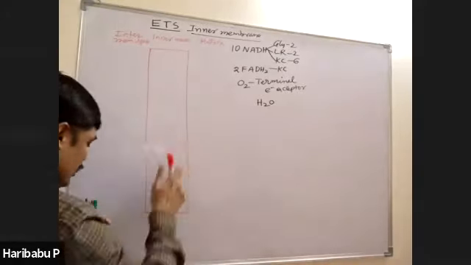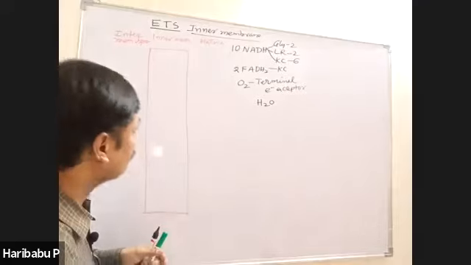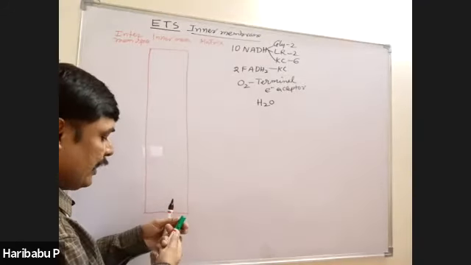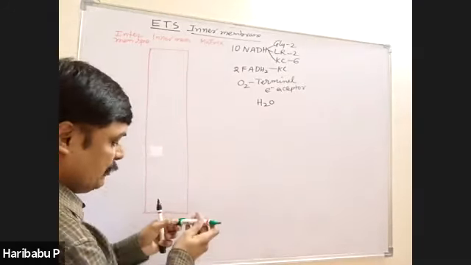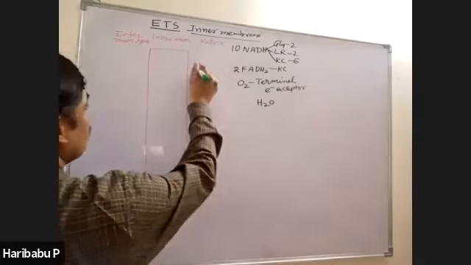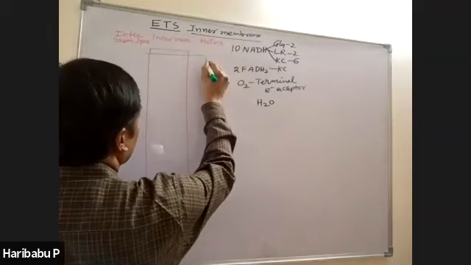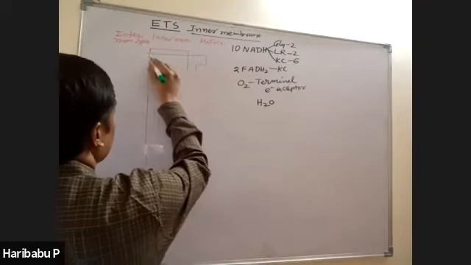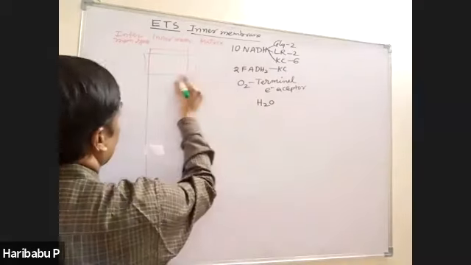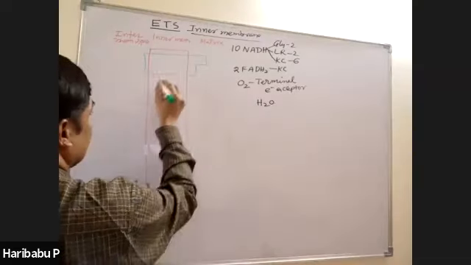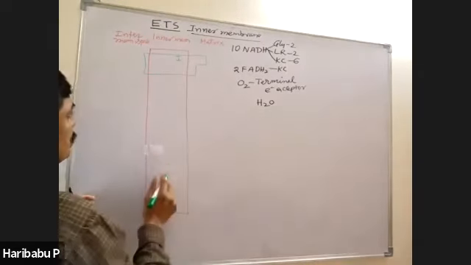Now on the inner membrane there are 5 complexes present like this. This is the first complex.